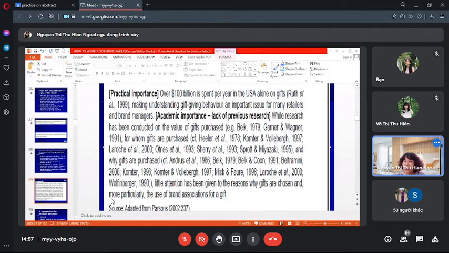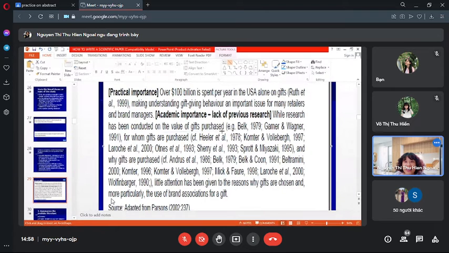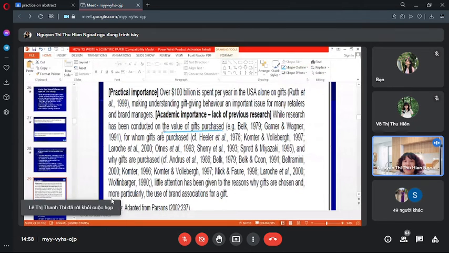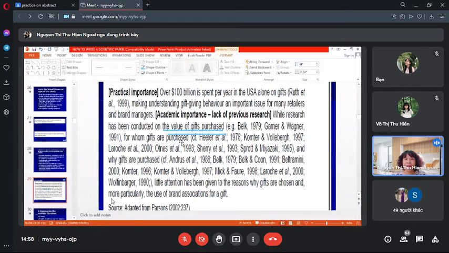For example, what's the topic for the first one? Value of the gift purchase. And the second one, for whom gifts are purchased.